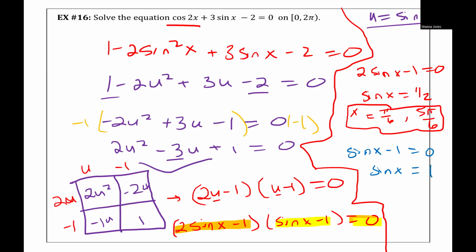Sine x equals positive 1 at x equals pi over 2. And that would be my third answer. So from 0 to 2 pi, here are all of my answers and my possible solutions. Again, remember, you could have used the quadratic formula also to come down to 1/2 and 1, if that's what you chose to do. I went ahead and modeled it with factoring.